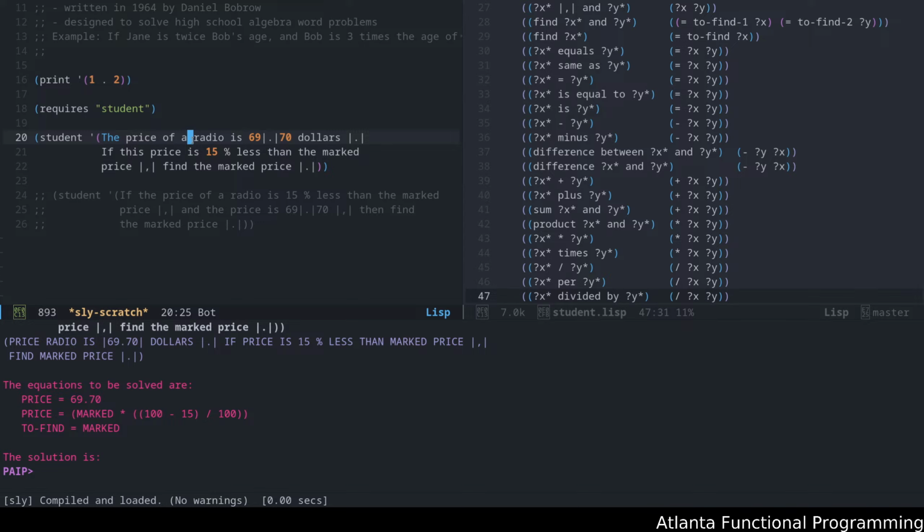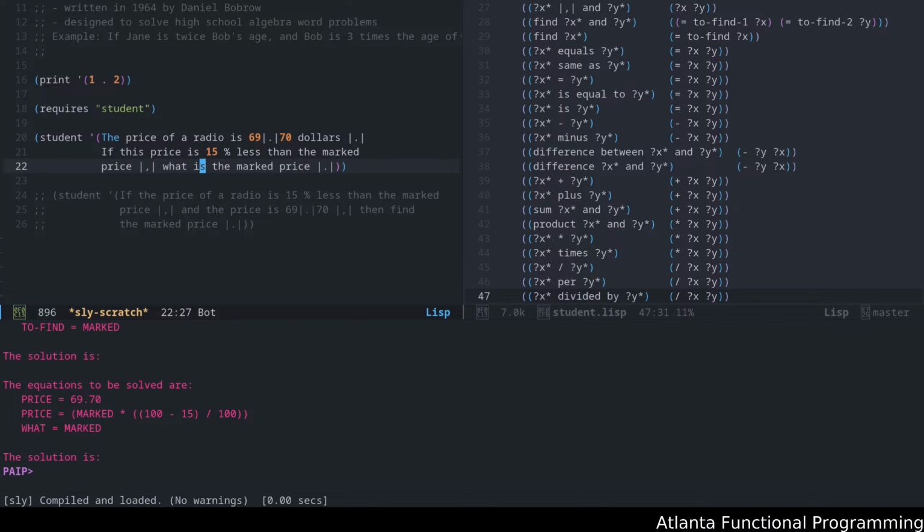And then let's see what happens if I just change this to what is, again. What is marked?